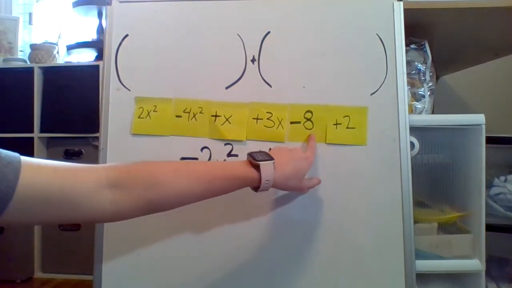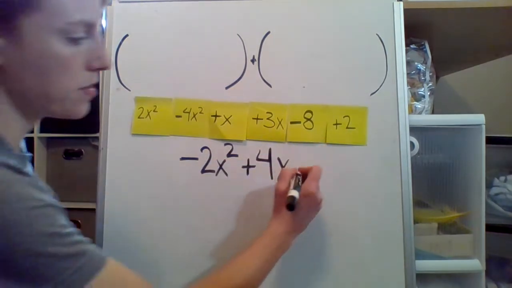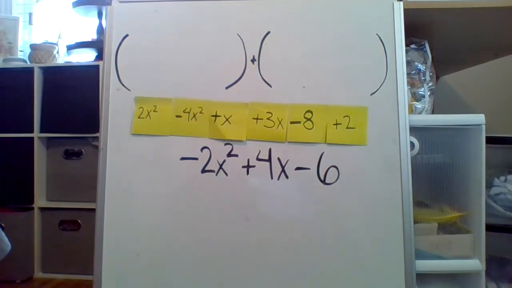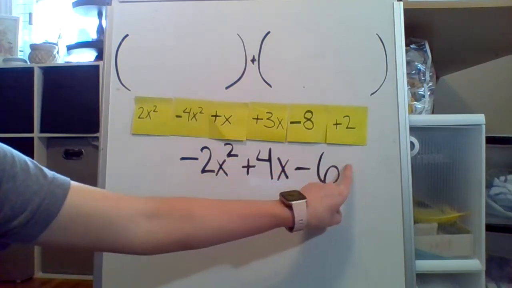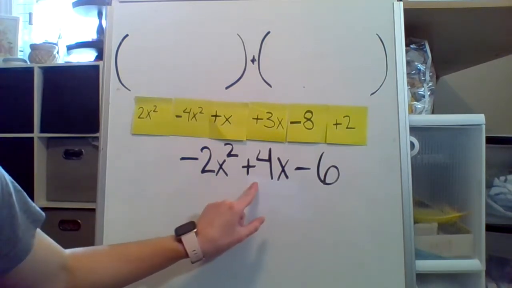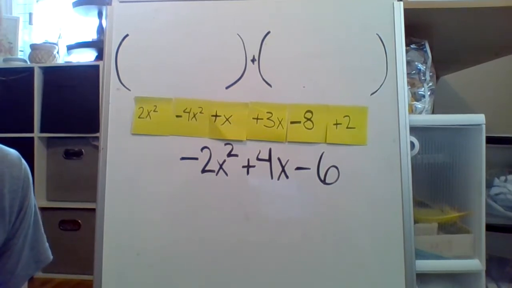And then we have negative 8 plus 2, because those go together. Once you have this, that's all you can do. Make sure you've written it in standard form. The highest power on the variable comes first, then the next highest, and that one doesn't even have a variable, so it comes last. Negative 2x squared plus 4x minus 6 is your answer.